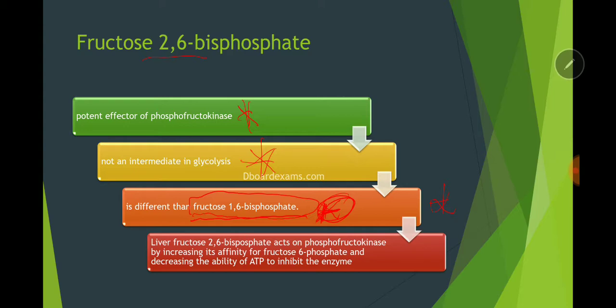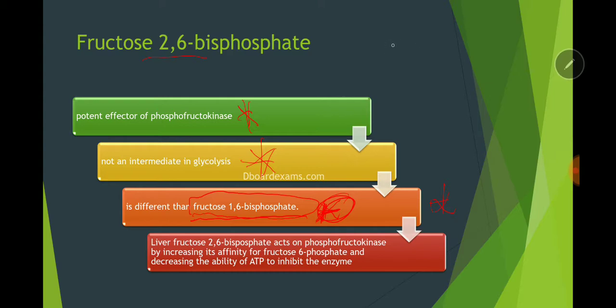And the product of the phosphofructokinase reaction is fructose 1,6 bisphosphate. However, fructose 2,6 bisphosphate increases the affinity of phosphofructokinase, so it increases the activity of phosphofructokinase.